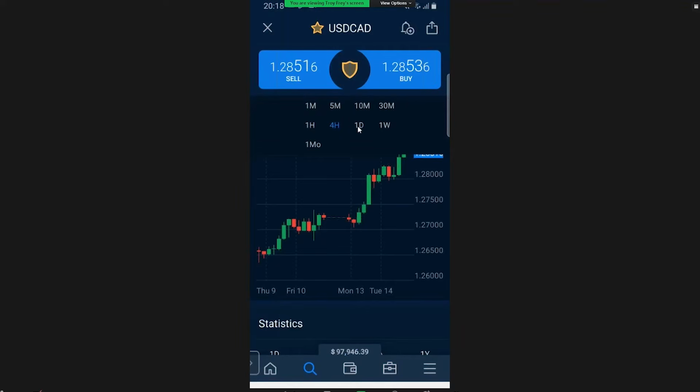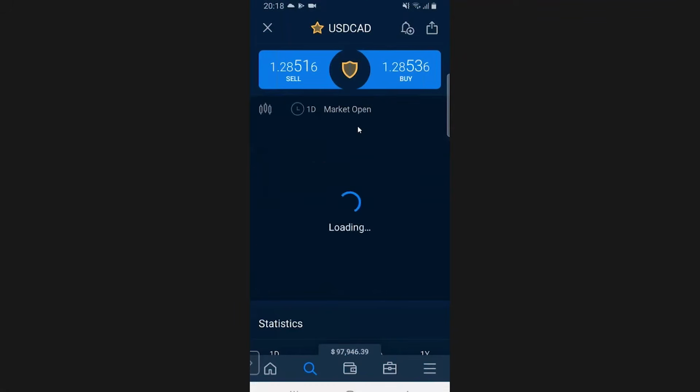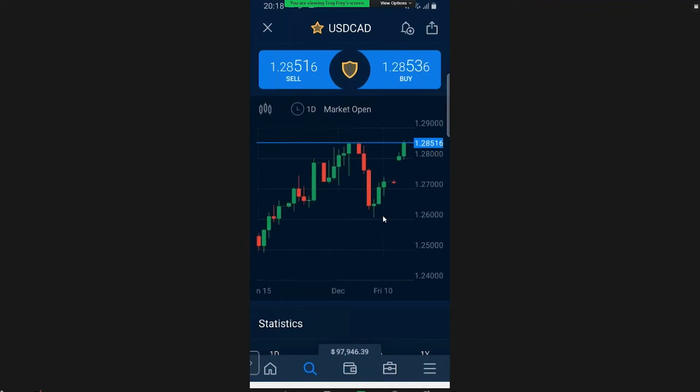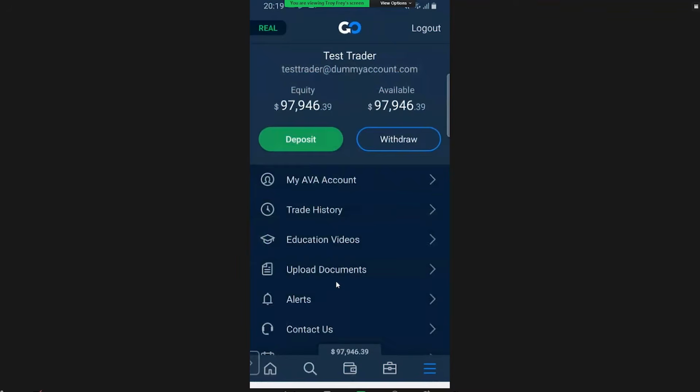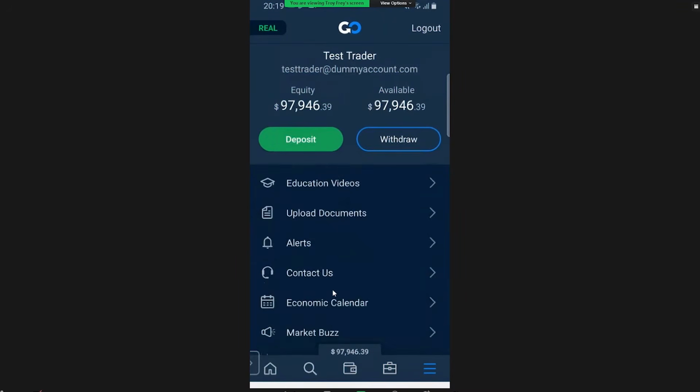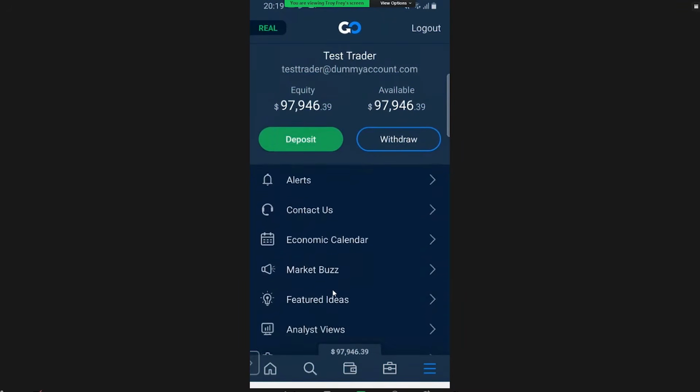Let's go to the 1-day candles. We'll take a look and see, we're up at 128.51. Let's leave this for a moment and go back to that signal. The price is at 128.51 now.